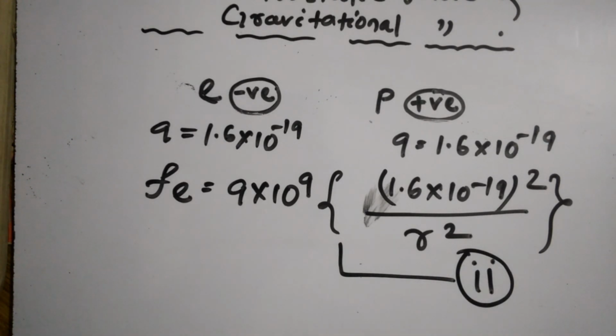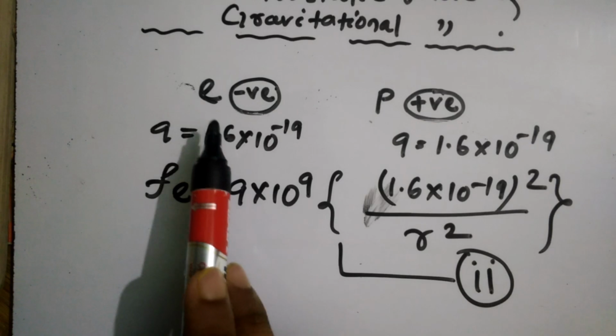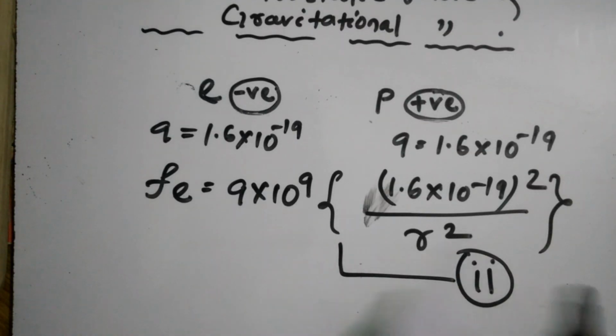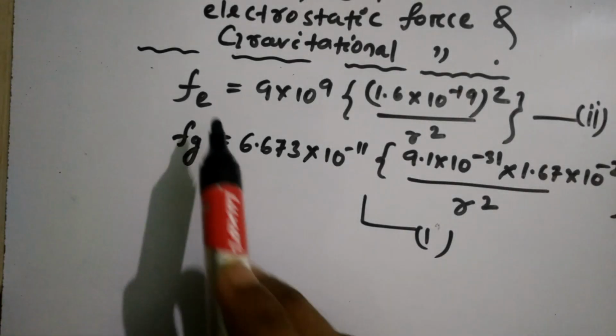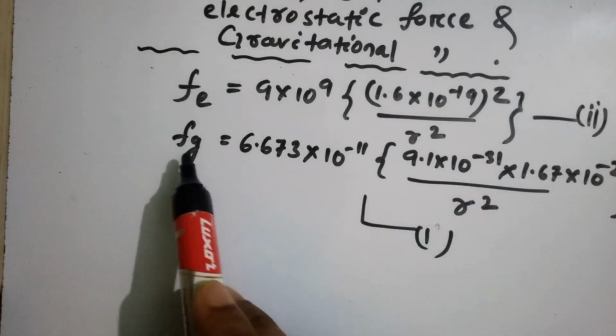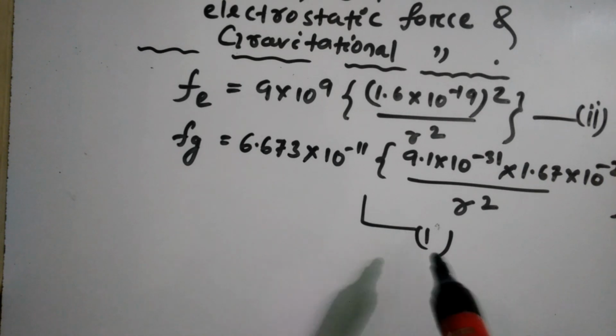First, that was the gravitational force, equation 1, and this is the electrostatic force between electron and proton, equation 2. So Fe is the electrostatic force, equation 2, and Fg is the gravitational force, equation 1.